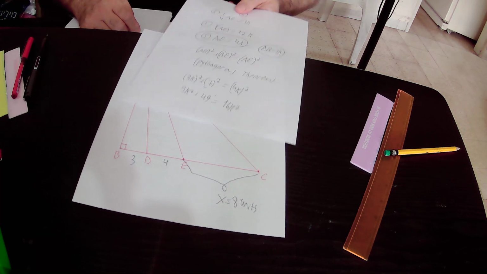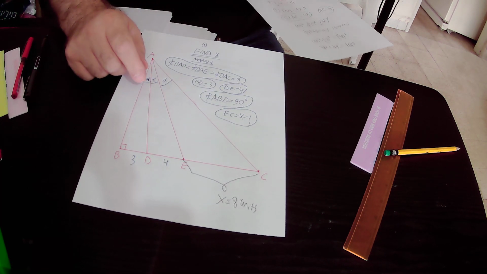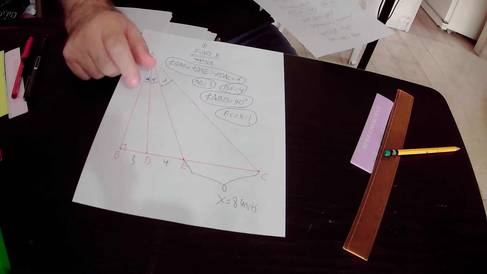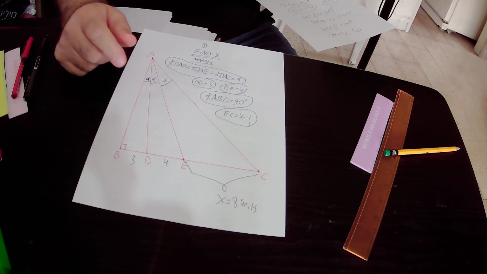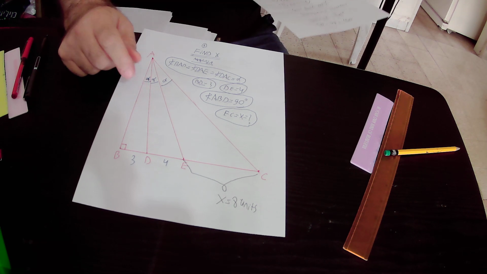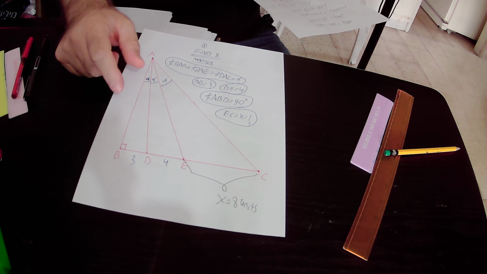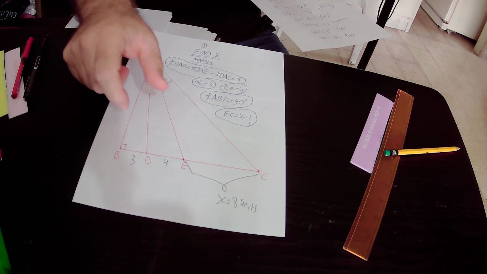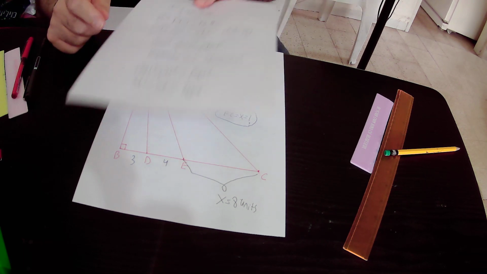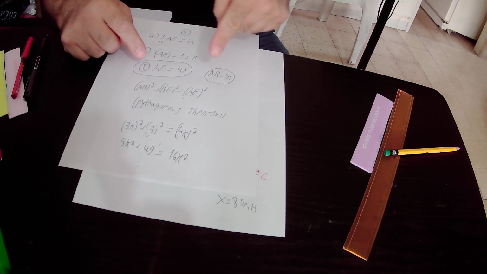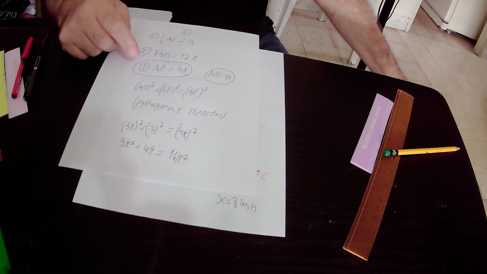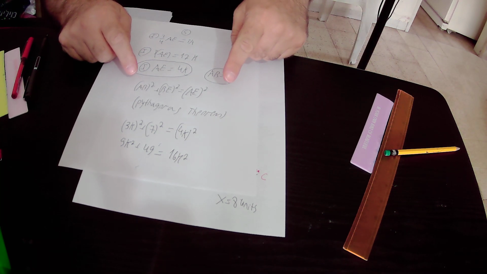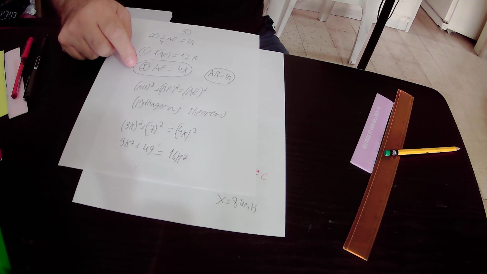Then we applied the Pythagorean theorem, which states that the square of the hypotenuse equals the sum of the squares of the perpendicular sides in the right triangle ABE. That is to say, AB squared plus BE squared equals AE squared.